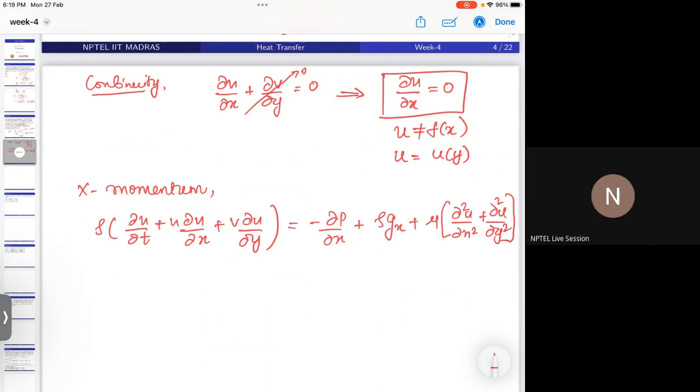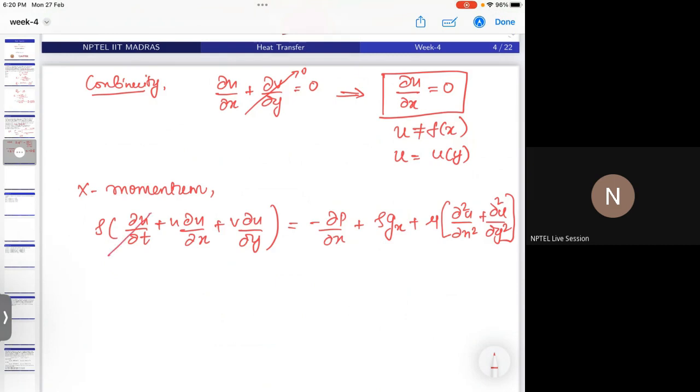Which one? That dou u by dou x. No, I have not applied anything. I'm just writing the momentum equation, that's all. I have not applied it to this case. This is the momentum equation in 2D, so I just write it. This is the general equation. So now I am applying it.